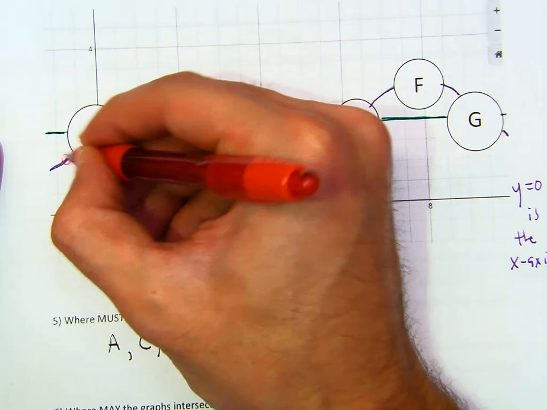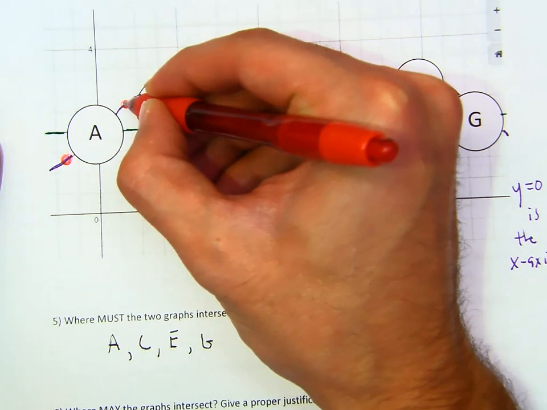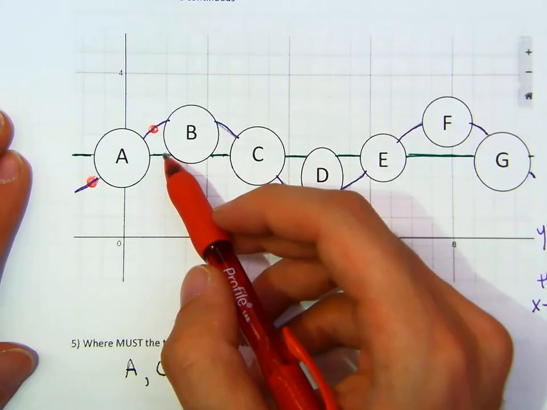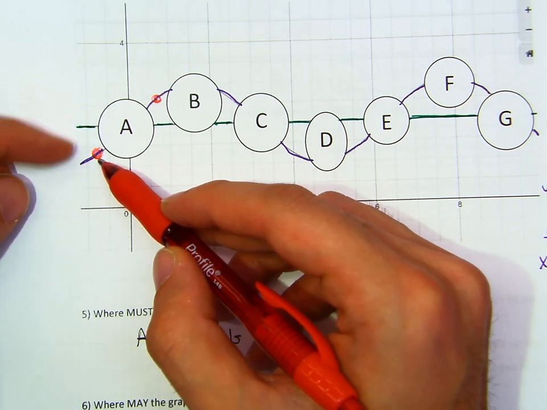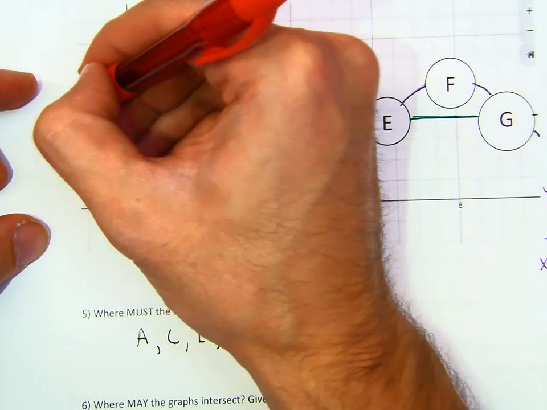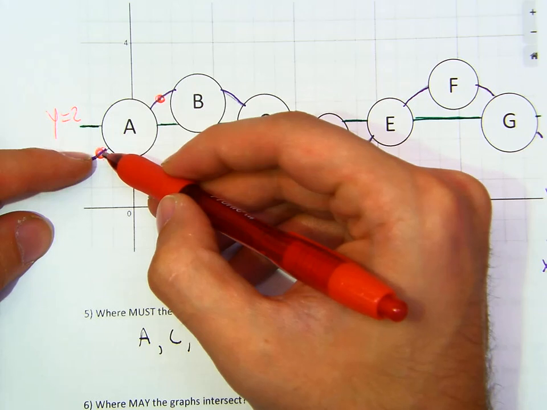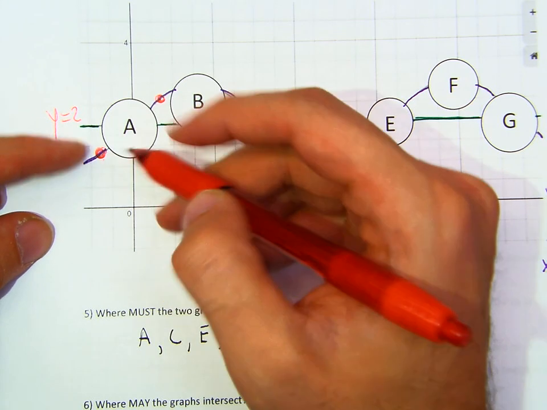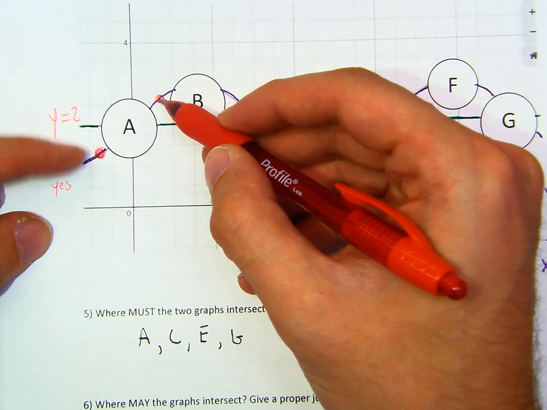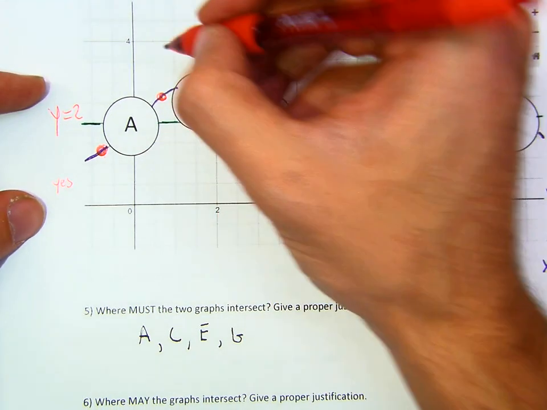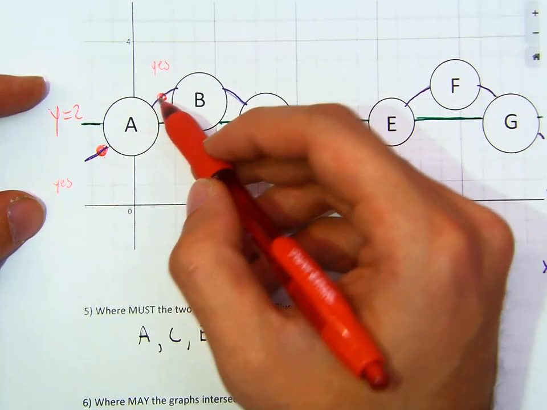This point over here and this point over here. Is the y value for this point below y equals 2? Yes, it is. And is this point above y equals 2? Yes. And you know it's continuous.